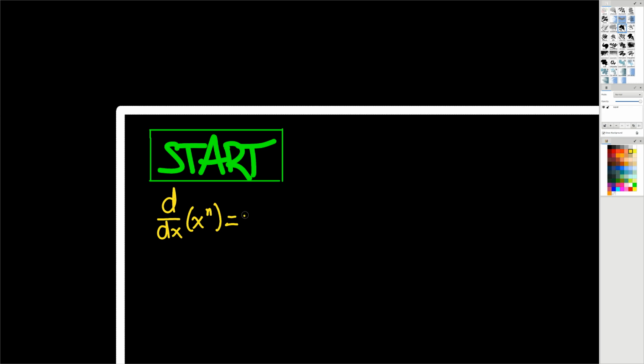The derivative of x to the n is equal to n x to the n minus 1. Why? This is our starting point.